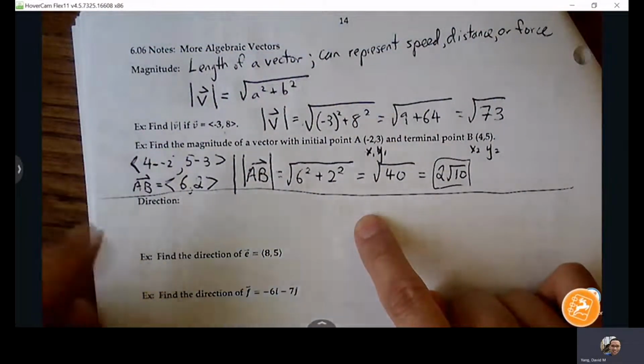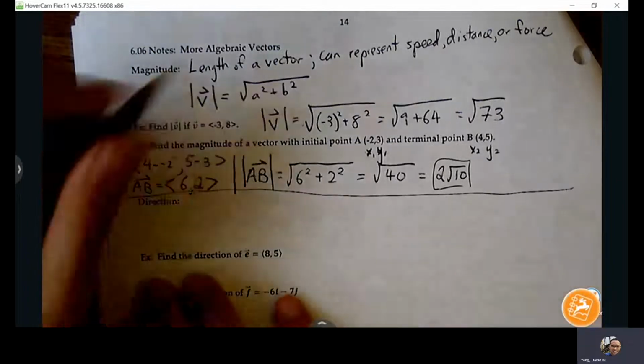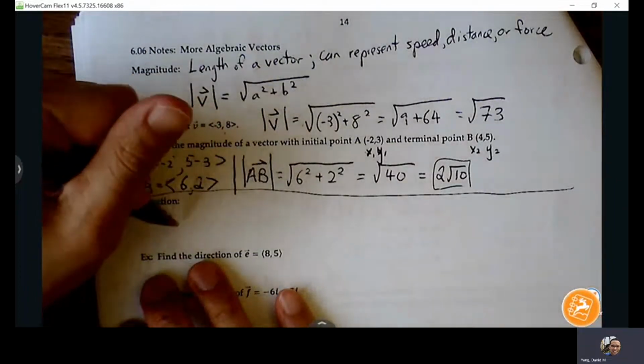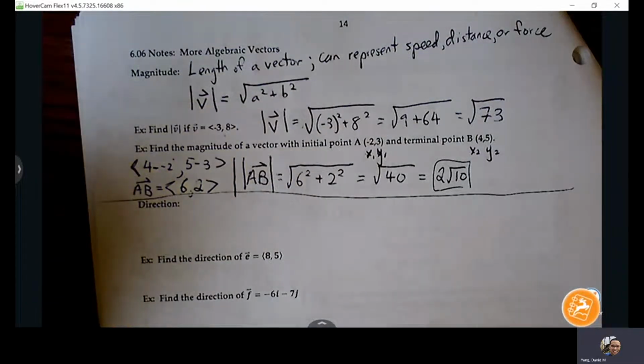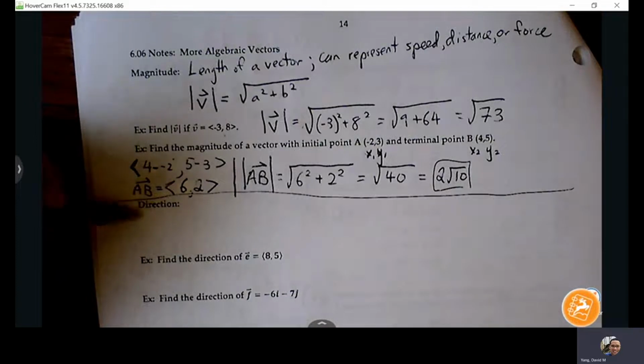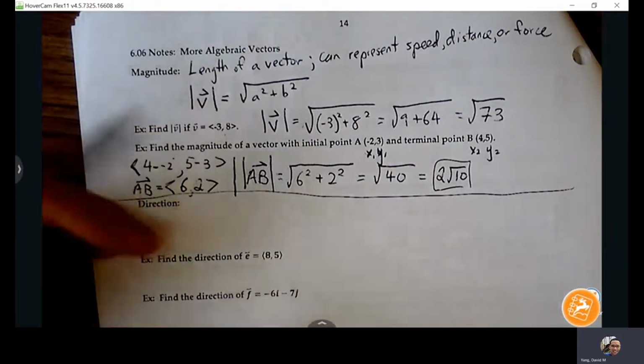Okay, direction of the same vector. We can build that direction using tangents. Actually, sorry, this is meant to just be the definition. We're going to get to the example later.